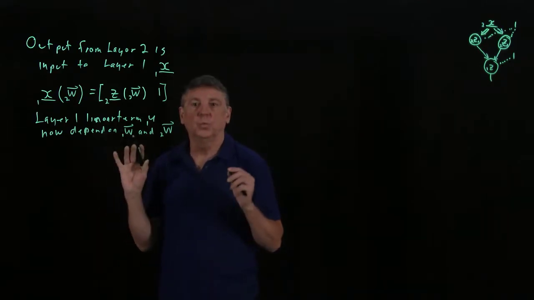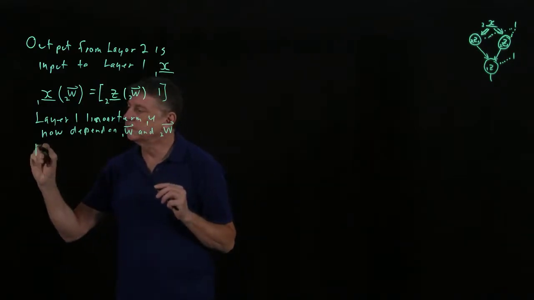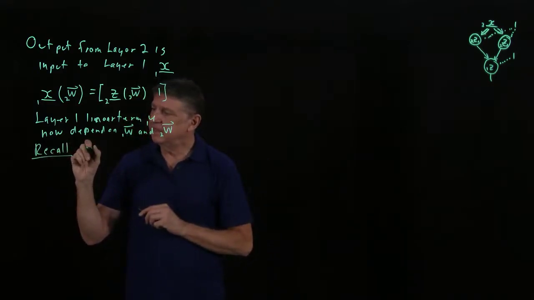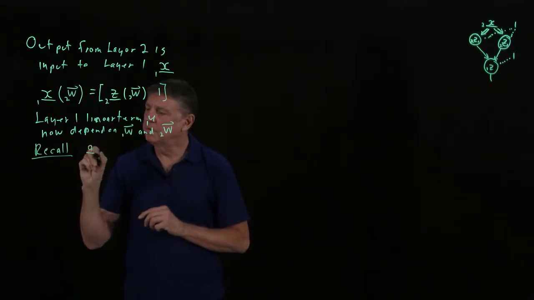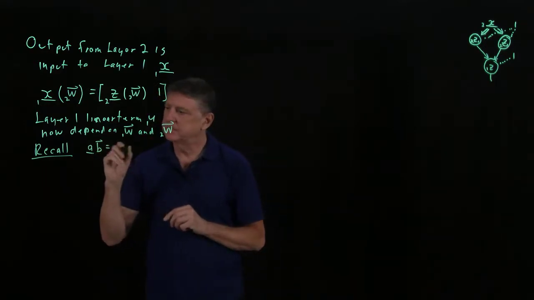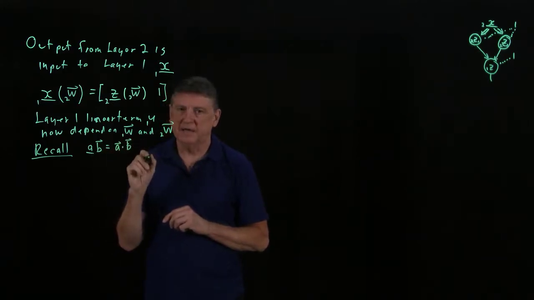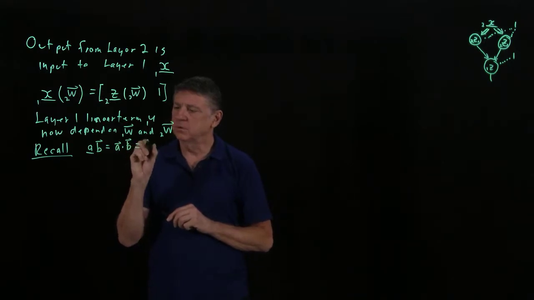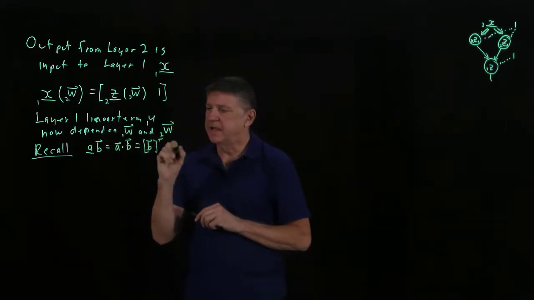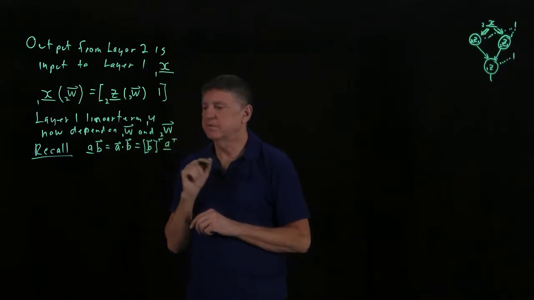Now, we'll need to have a property, and so let's recall that if we have a one form times a vector, that could be written as the vector dot a vector, and we could write that also as, we could take this and transpose it, and take that times the one form transposed into a vector.